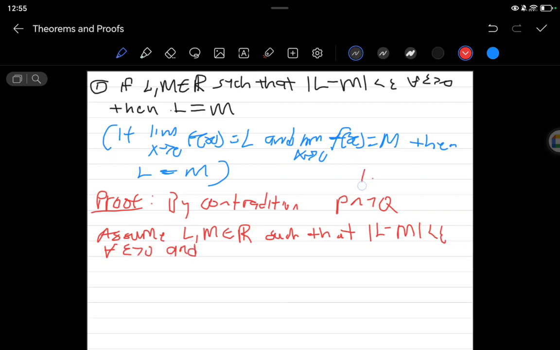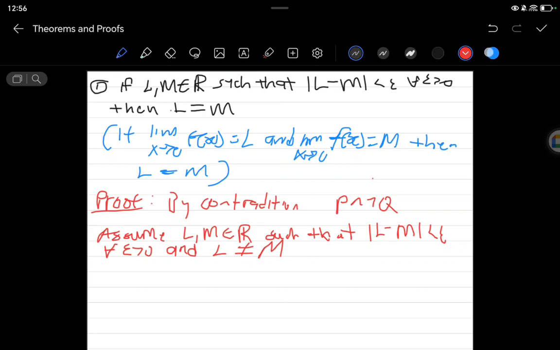I'm interpreting this sign as "and", so I don't write "then", I write "and". So I negate Q. Our Q is L equals M in this case, so I'm going to write L is not equal to M.